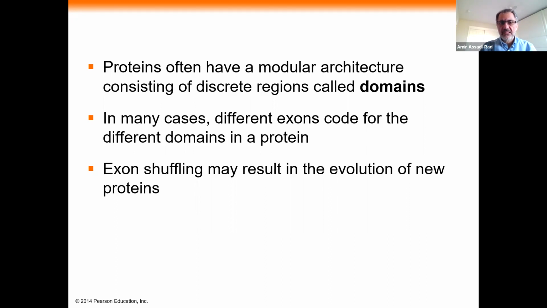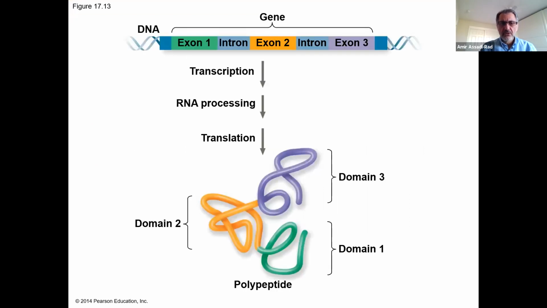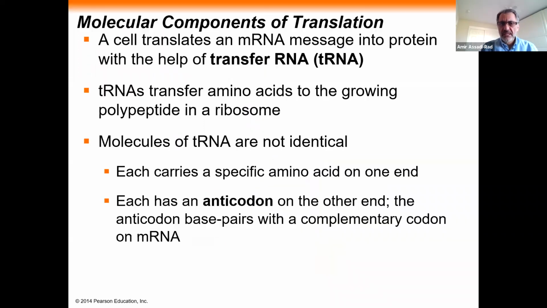In many cases, different exons code for different domains in a protein. Exon shuffling may result in evolution of new proteins as well. So anyhow, these are different domains and different things. So please read it. A cell translates mRNA, messenger, into protein. Okay. Now we are getting into transfer RNA.